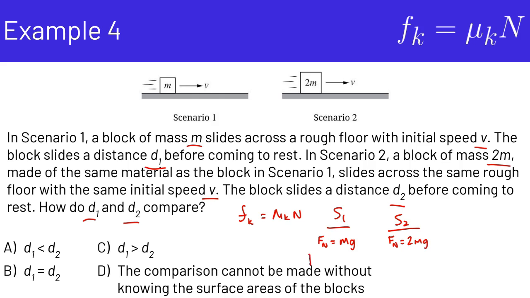So our friction force for scenario 1 is mu sub k times mg. Our friction force for scenario 2 is mu sub k, because the material that the block is made out of and the surface of the table is the same, so the coefficient of friction is going to be the same. So it should be mu sub k times 2mg.